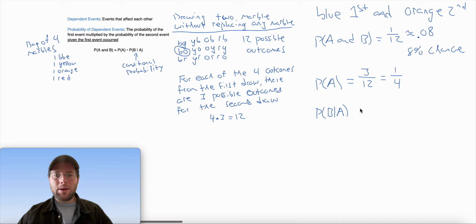All right, so now let's try and calculate the probability of B given A. So given that we actually drew a blue marble first, what is the probability that we will draw an orange marble second? Now, I'm going to give two different approaches to finding this. The first one is that we can look at our sample space here and just look at this first column where we're drawing a blue marble first.